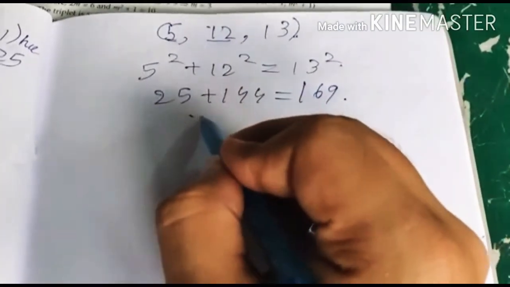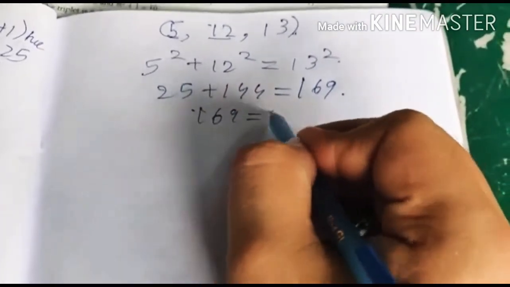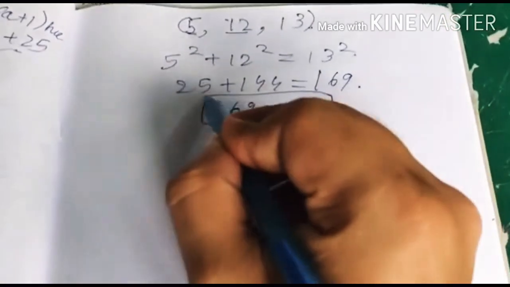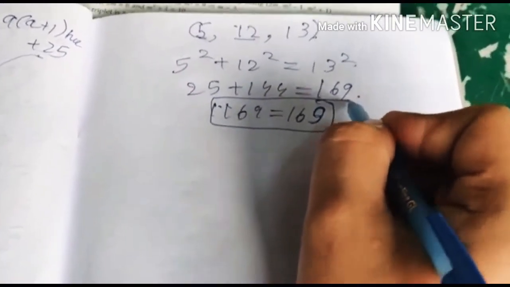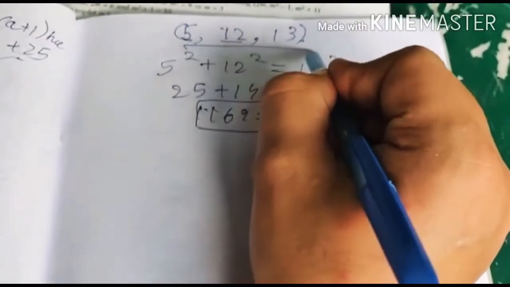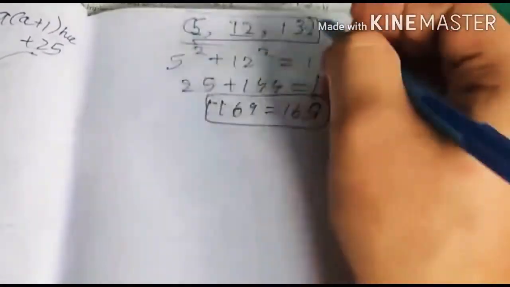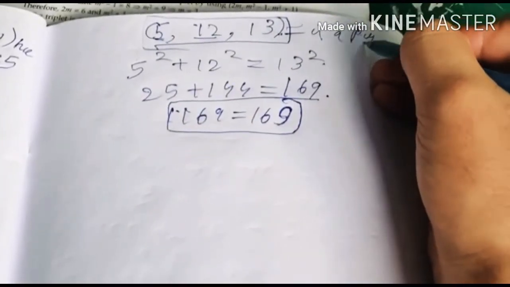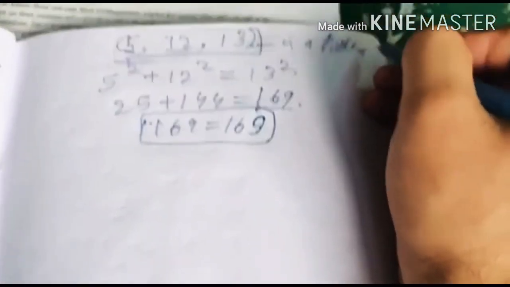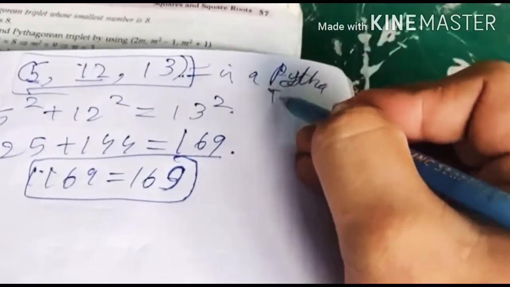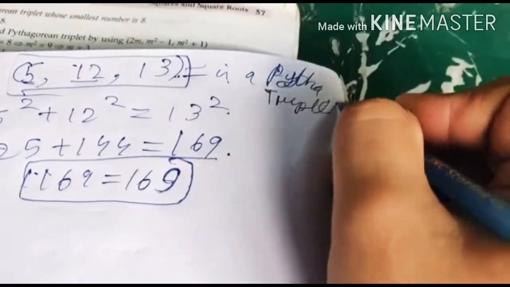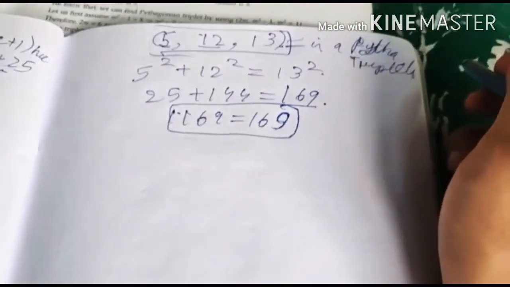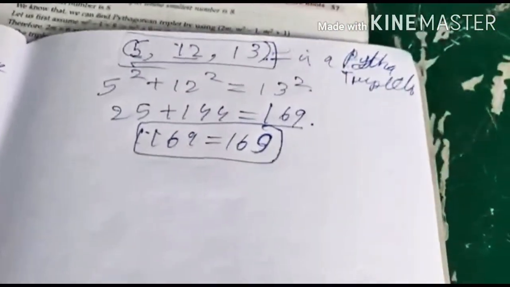That is, 169 equals 169. As the sum of the squares of the first two numbers equals the square of the third number, this means that 5, 12 and 13 is a Pythagorean triplet. Triplet means a set of three numbers. So 5, 12 and 13 is a set of three numbers.